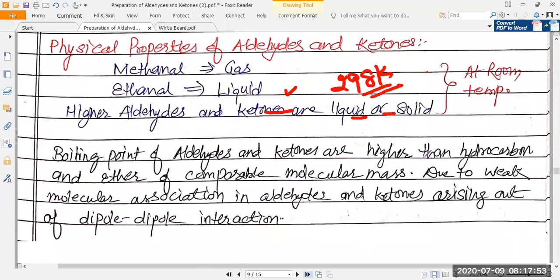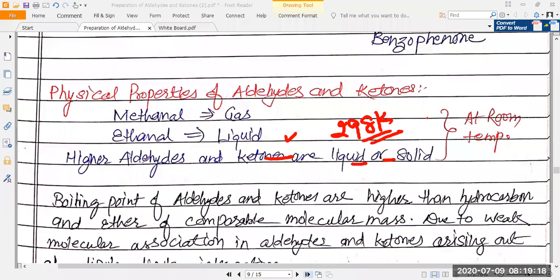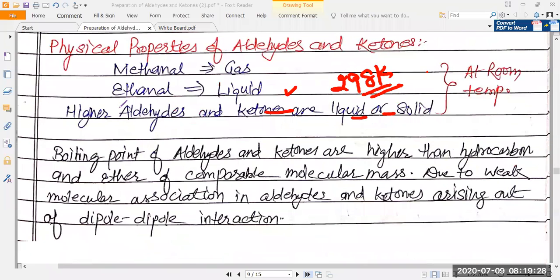Now we are going to discuss boiling point in the physical properties of aldehydes and ketones. Wait 1 minute. Yes. So in physical properties of aldehyde and ketone, we will discuss them on 3 points.